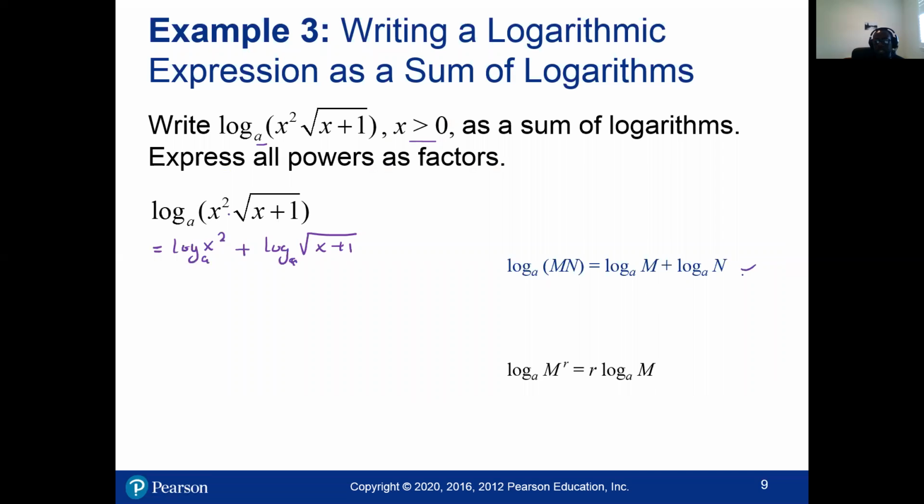Okay, so we are using this product property. Now, if you have an exponent, from property 6, we can write this as each of these. But before that, because it's the square root of x plus 1, we can write it as x squared base a.